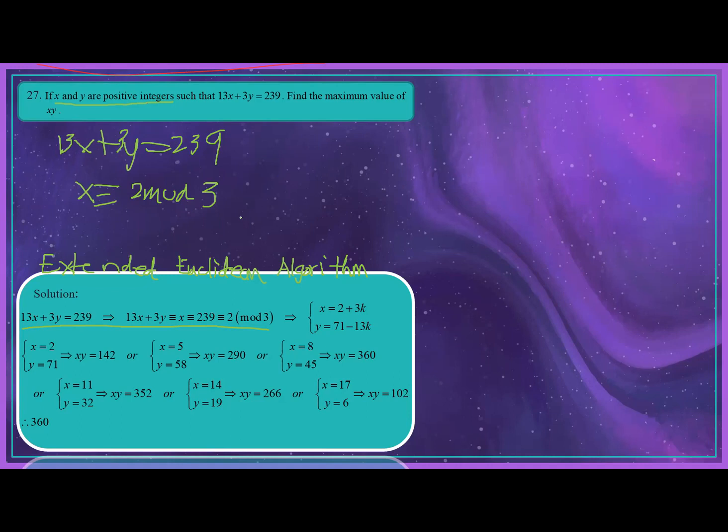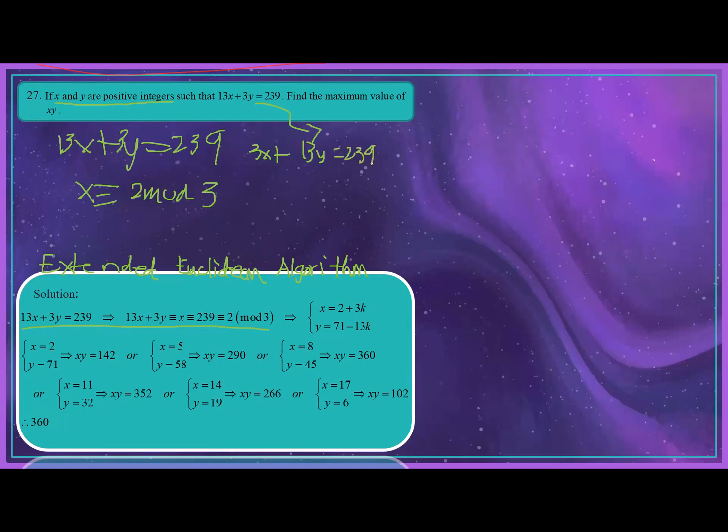Wait, 239 modulo 13. I guess this should be, sorry. I think this should be 3x plus 13y equals 239.